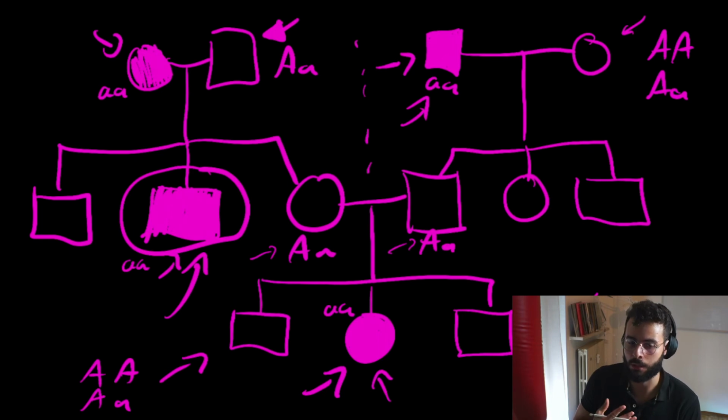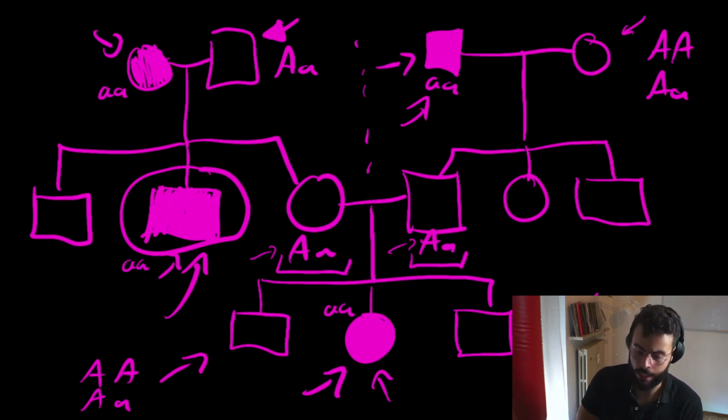Can we actually know what the kids are? Are they homozygous dominant or heterozygous? We can't actually know because we don't have enough information. So this one is either AA or Aa. You will see that this mother is Aa and this father is Aa.